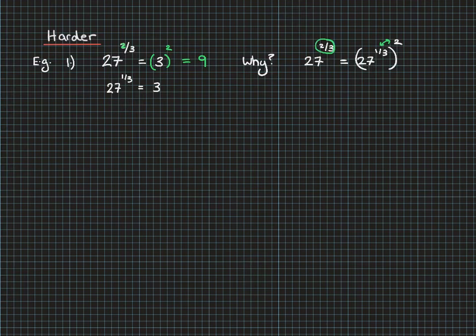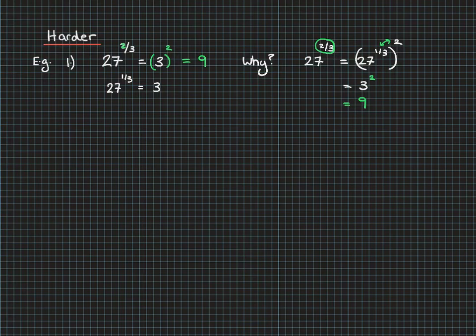That means I've clearly got to work out what 27 to the 1/3 is first of all, which we know is the cube root, which gives me 3, and then following that I work out the power 2, which gives me my answer of 9 up over here. So we work out the denominator part of the power first, and then the numerator.